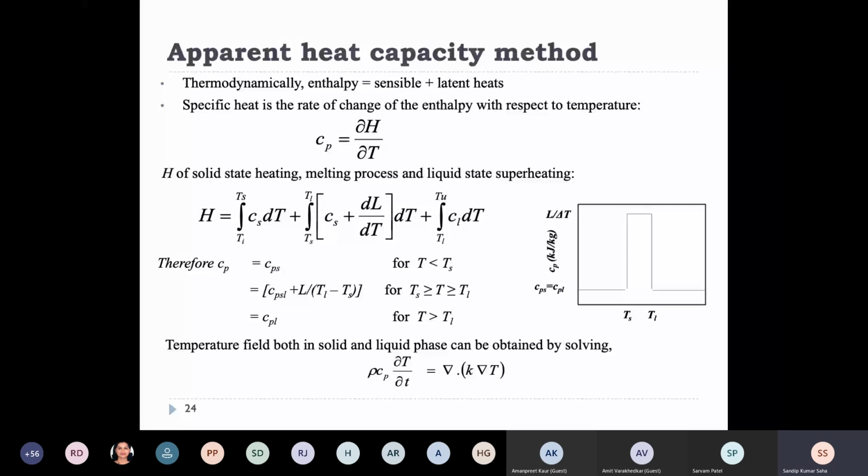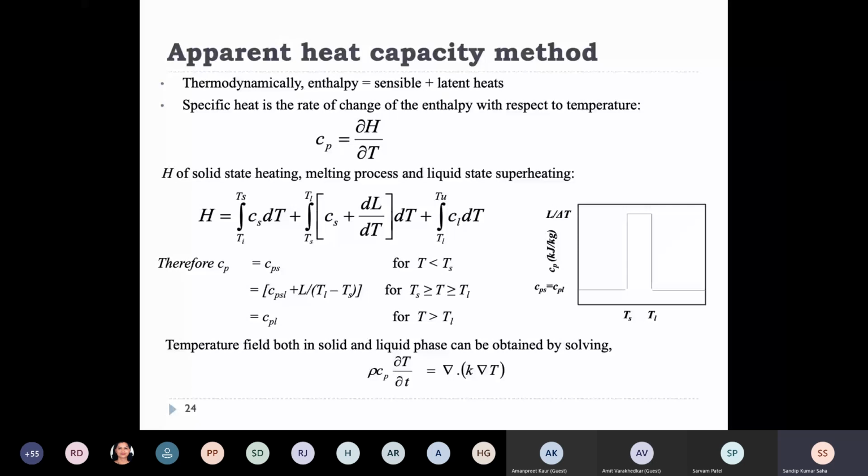However, if it is a pure material, then setting up T_L and T_S is possible, but if you are validating your code, you have to determine the value of delta T for which the code is working, meaning giving the same result. There is no hard and fast rule for this delta T. You can set 0.1, 0.01, or 1 also.